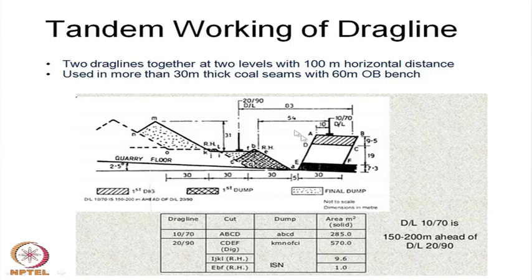Then you can see here how the work is done in the balancing diagram. You have 2 parts here, that is the dragline position, one dragline is here and then another dragline can sit over here, and then we can work with these 2 draglines to remove this material.